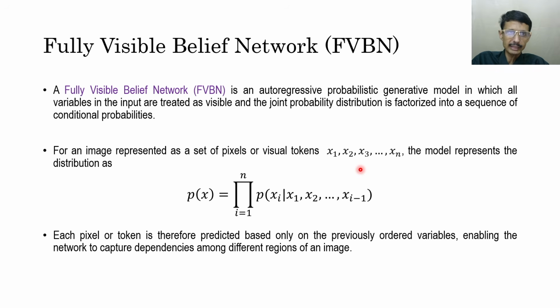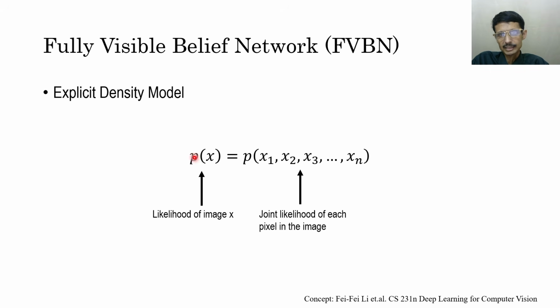Now, a fully visible belief network is an autoregressive probabilistic generative model in which all variables in the input are treated as visible and the joint probability distribution is factorized into a sequence of conditional probabilities, as we have seen here. All pixels are visible, and the probability of image X is the joint likelihood of the pixels of the image.